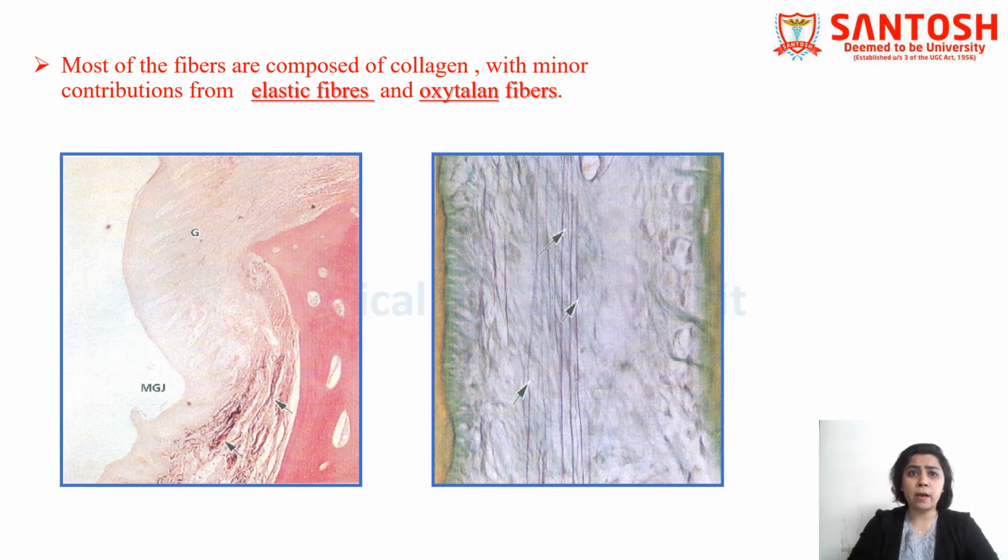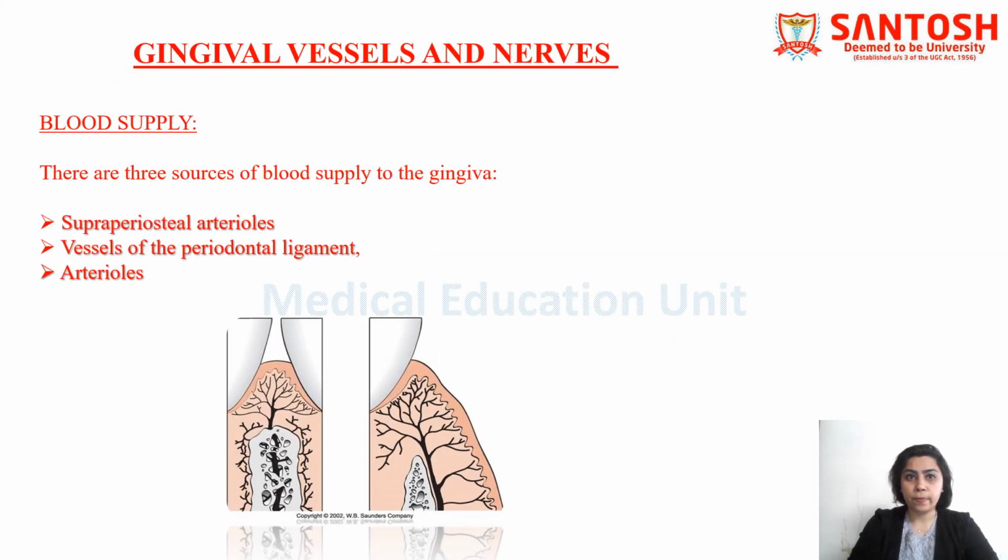Most of the fibers are composed of collagen with minor contribution from elastic fibers and oxytalan fibers. Coming to gingival vessels and nerves, the gingiva is basically supplied from three main sources of blood supply: the supraperiosteal arterioles, vessels of the periodontal ligament, and arterioles.